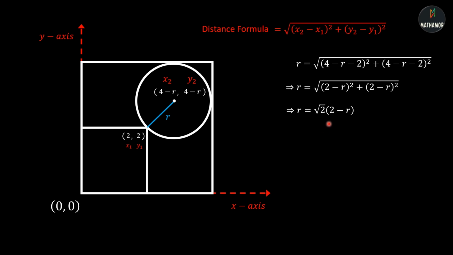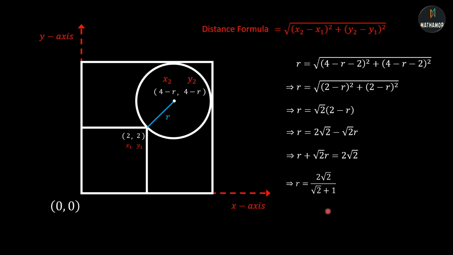After solving this we get r is equal to 2 root 2 minus root 2 r. Now minus root 2 r will be taken to the left hand side and we get r plus root 2 r is equal to 2 root 2. After this we will take r as common and we will get the value of r.